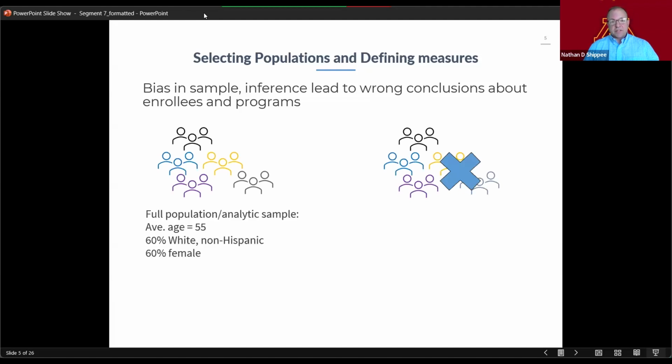And I want you to consider the idea that if we systematically exclude through data cleaning or other things some subset of that population, what can happen is, of course, we end up with a population where the characteristics are different. In other words, we're biasing our sample. Our analytic sample becomes a selected sample. And that sample selection is something that we are creating through our choices in data cleaning and those kinds of things.